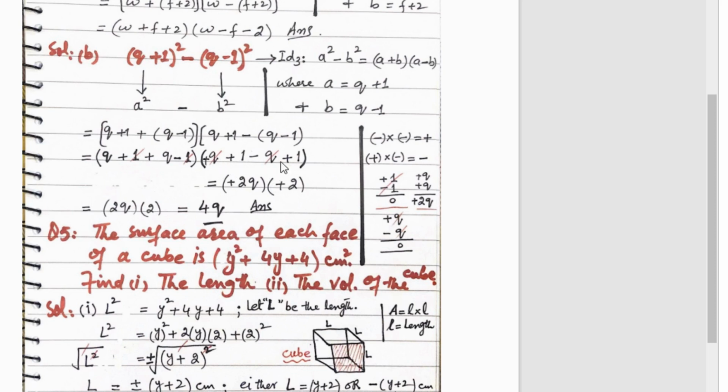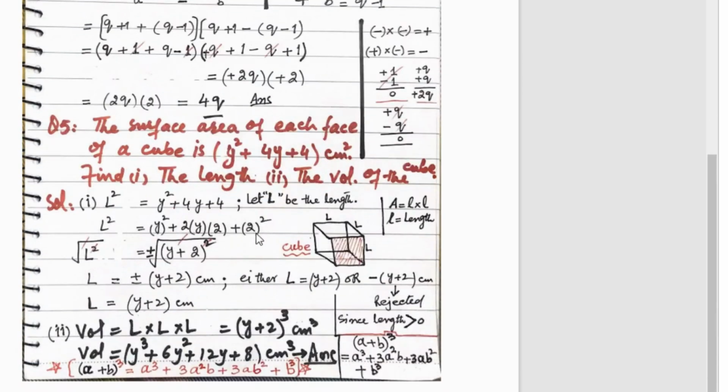So plus 1 and plus 1 will give us plus 2. Now with the starting term, a plus sign is not necessary to write down. So we can write plus 2q as 2q and plus 2 as 2. And these both terms are being multiplied. So 2 2s are 4q is the answer at the end.